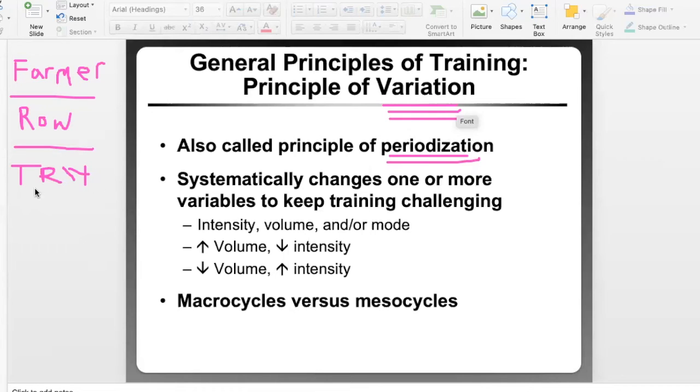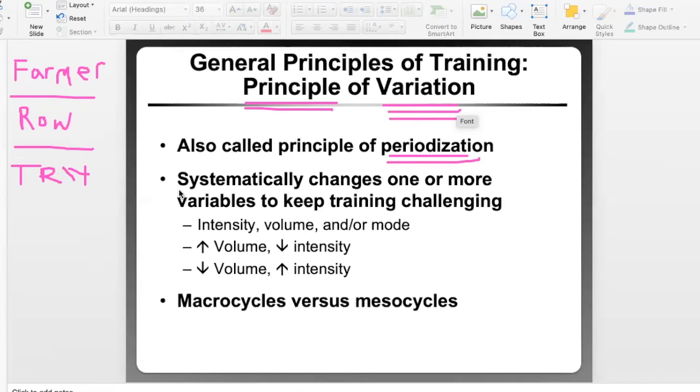So I don't want to do the same thing day after day after day after day. Although with my young athletes who are like 7, 8, 11 years old, I do the same thing every day because if I don't do the same thing every day, psychologically, they can't prepare for workout and they can't help me. So I do actually a good amount of consistency in my workout, but I'll show you in the next couple of slides my periodization chart.